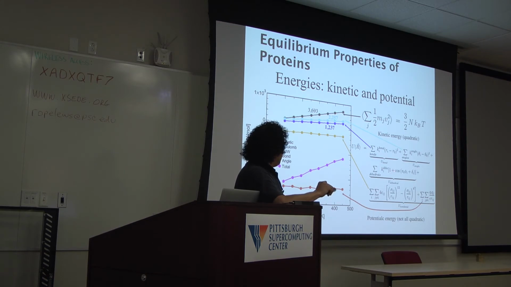The dihedrals we don't even show here, but the van der Waals doesn't even seem to depend on the temperature. And this one seems to be fluctuating, and doesn't really have a strong relationship with the temperature.